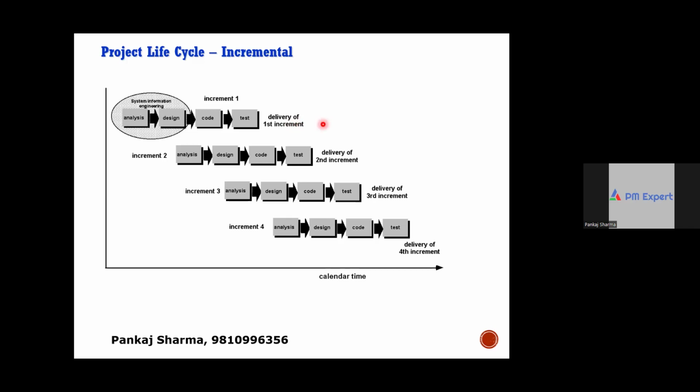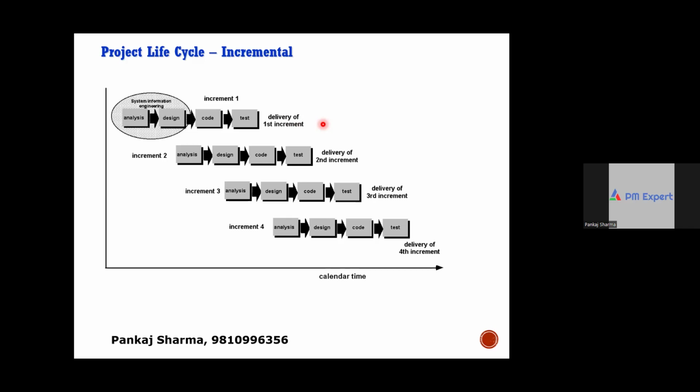For example, if you have to deliver a township, and a township consists of low-rise apartments, high-rise apartments, villas, clubs and other areas, and shopping areas, this kind of project can be delivered in phases.